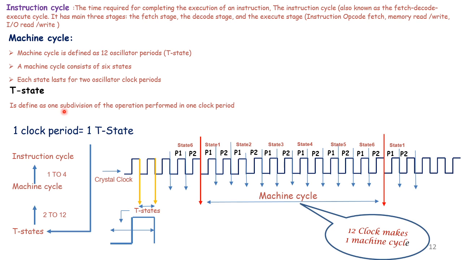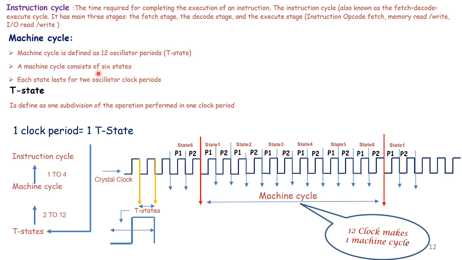So we define T state like this: it is defined as one subdivision of operations performed in one cycle, one clock period. This is a T state here: on time, off time, and on time. That is one T state. So when we have 2 to 12 T states, that is a machine cycle. The machine cycle is defined as 12 oscillator periods, that is T states.